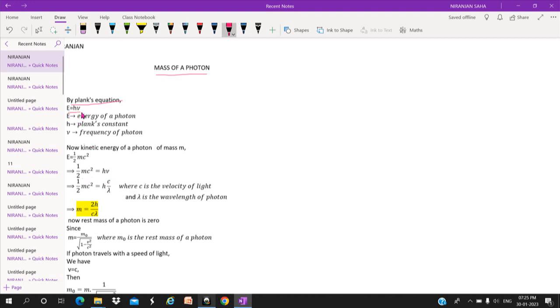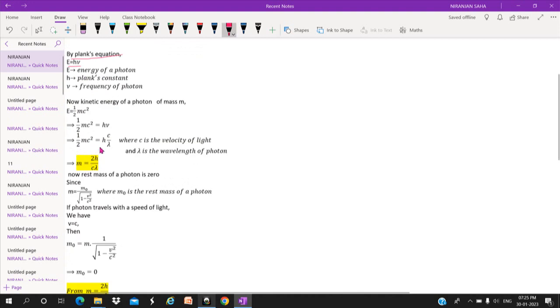So half m c square is equal to h c by lambda, by the relation c is equal to nu lambda, where c is the velocity of light, nu is the frequency of light and lambda is the wavelength of the photon. So here we will get m is equal to 2h by c lambda.